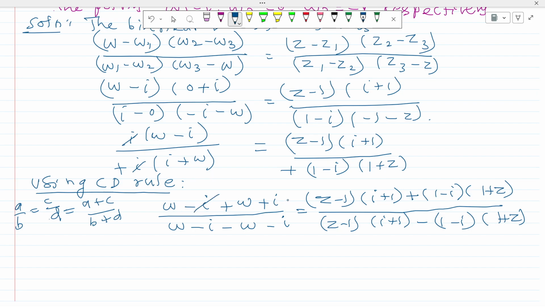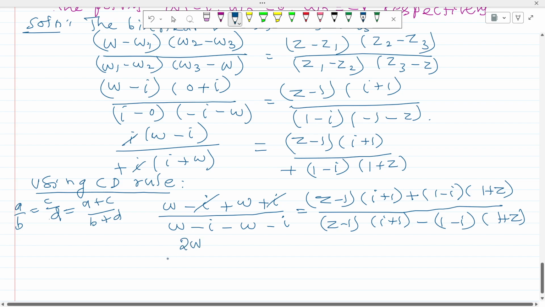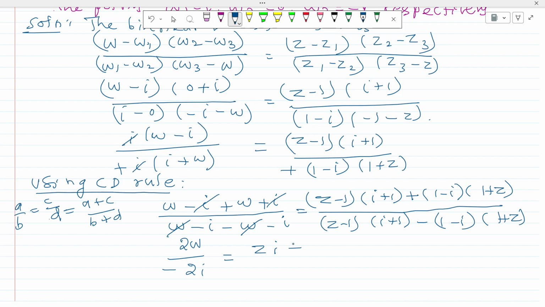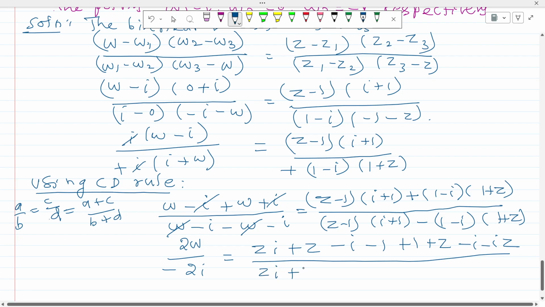Here minus I plus I get cancelled, 2W divided by, W get cancelled, minus 2I, which is equal to, multiplying this: Zi plus Z minus I minus 1, plus 1 plus Z minus I minus IZ, divided by, same thing, Zi plus Z minus I minus 1.